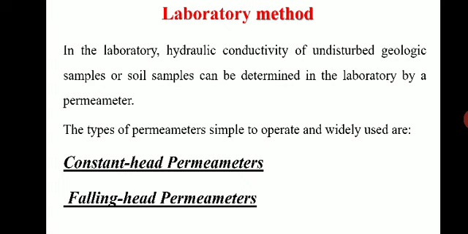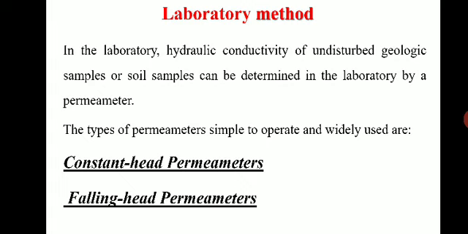So it is an undisturbed geological sample. It may be any type of rock or a soil sample, of which we have to determine the hydraulic conductivity. The permeameters are simple to operate and they are widely used.